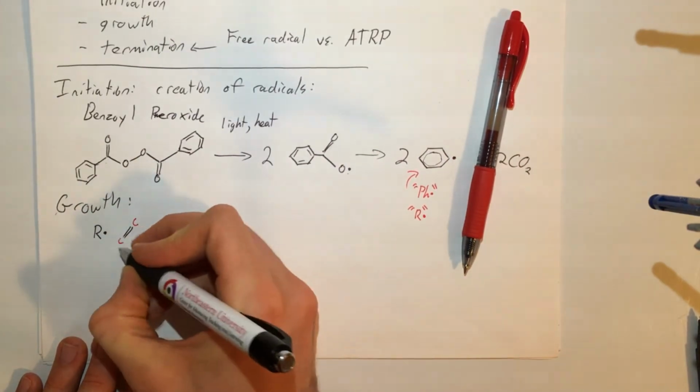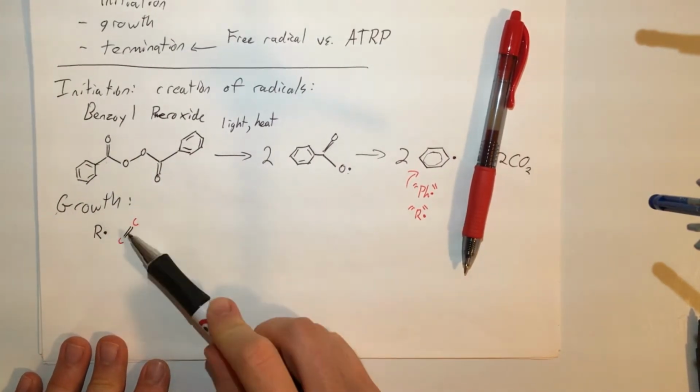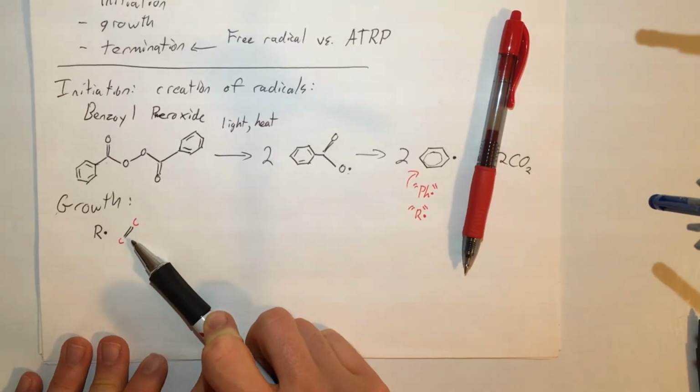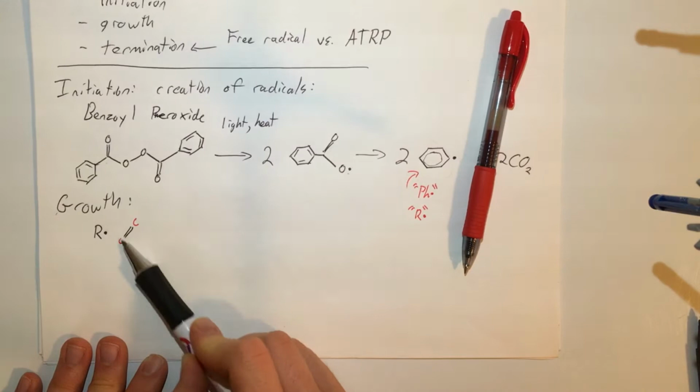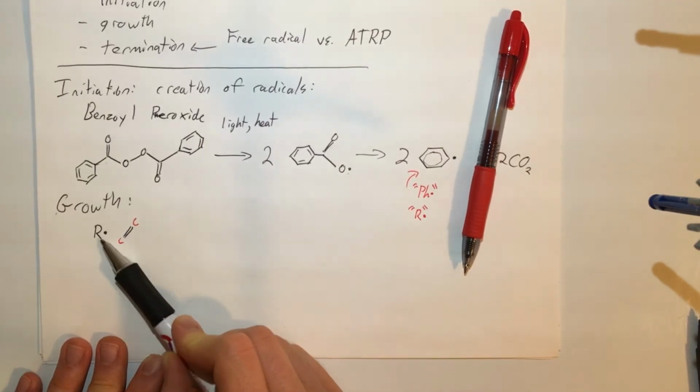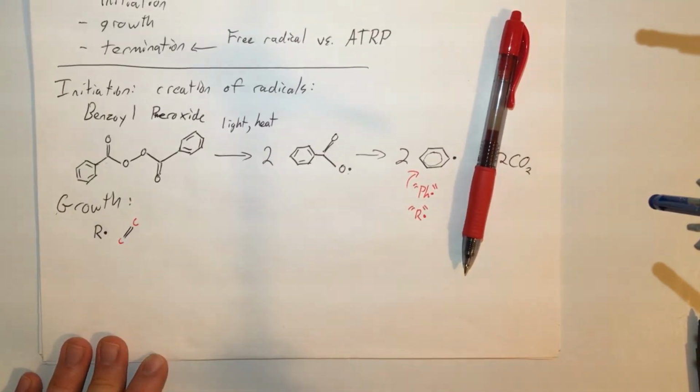I'm going to omit the hydrogens coming off. Think for a moment, what was this monomer? Ethylene. So if we polymerize this ethylene right here, we're going to have polyethylene.